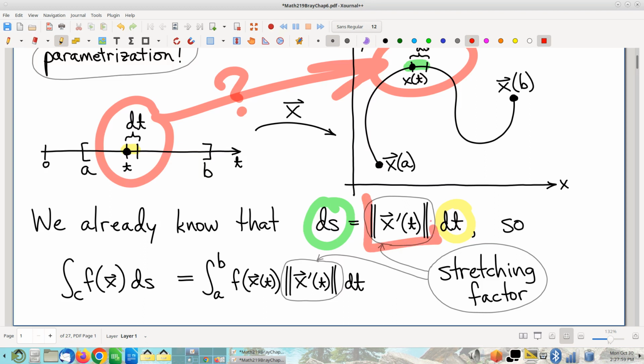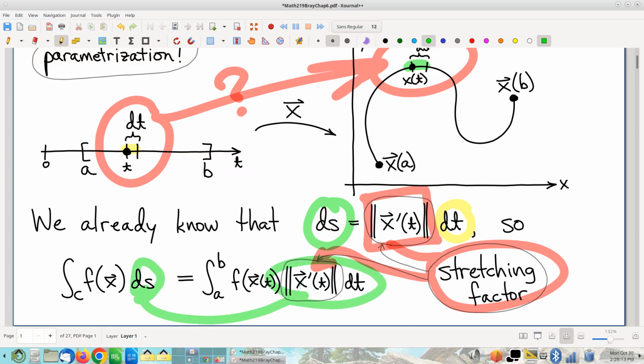It's speed, namely velocity's magnitude. Right? And that's our stretching factor. So that's what you have to kind of stick in there to make your ds something that you can write in terms of dt. Familiar? Kind of smacks of change of variables. Is everybody okay with that?